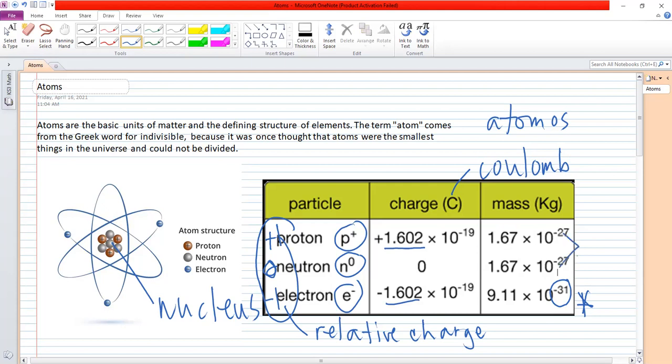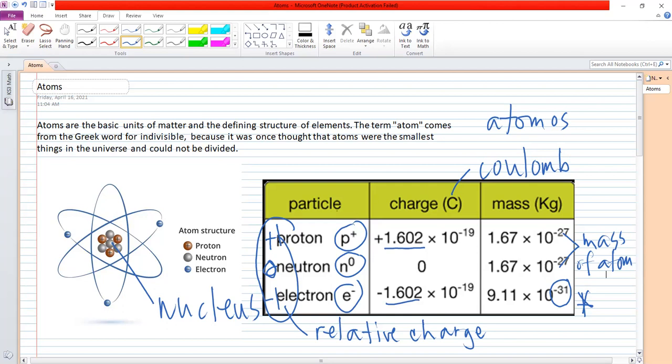That's why the mass of proton and the mass of neutron contribute to the mass of an atom. Although the electron also contributes to the mass of the atom, since its magnitude is very small, the ones that contribute more to the mass of an atom are the proton and the neutron. Okay.